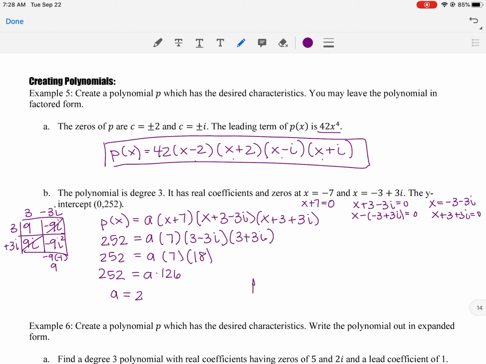So our polynomial here, as we rewrite it, you can leave it in factored form, is 2 times x plus 7, and then x plus 3 minus 3i, and then x plus 3 plus 3i.